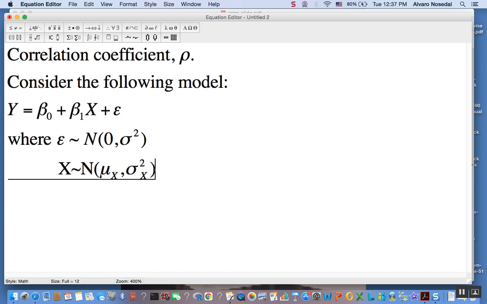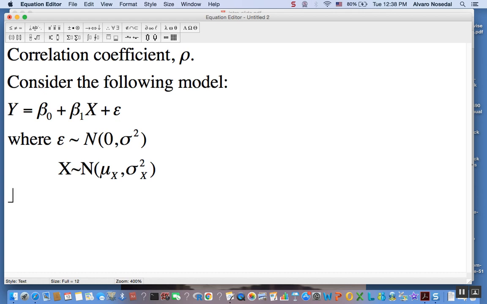So that's an important difference between what we had before. Before we thought, okay, these values are given, and they are constants. Now we're thinking about them as numbers coming from a random variable.